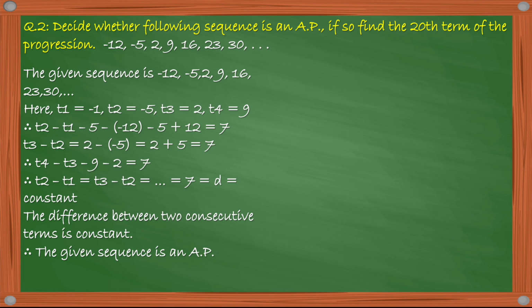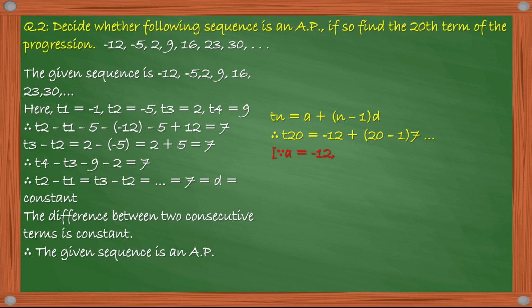So as it is an AP, the question further asks you to find the 20th term. So 20th term means you have to find T20. So you will write the general term formula. Then T20 is equal to, the value of A is minus 12, plus 20 minus 1, and D is 7.